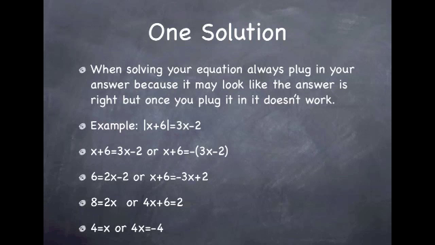And you add the 3x on both sides, so you have 4x plus 6 equals 2. So then you divide by 2 and x equals 4. And then you subtract 6, so it's 4x equals negative 4. But then you have to divide by 4, so x equals negative 1.